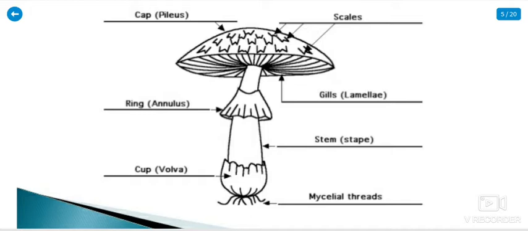Another one is a ring-like structure, the annulus. And finally, the gills. The cap's upper side has scales, and the cap is called pileus.